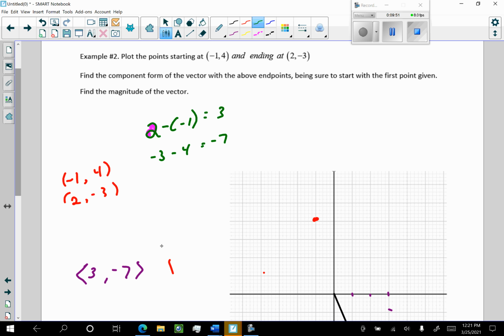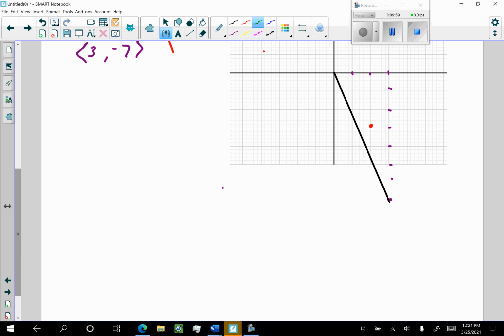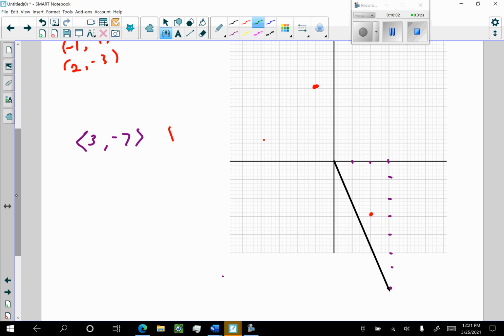Those are the coordinates of the component form of that vector. You can do it that way, or you can just count how far over you go: 1, 2, 3, and then down 1, 2, 3, 4, 5, 6, 7 to the red point.